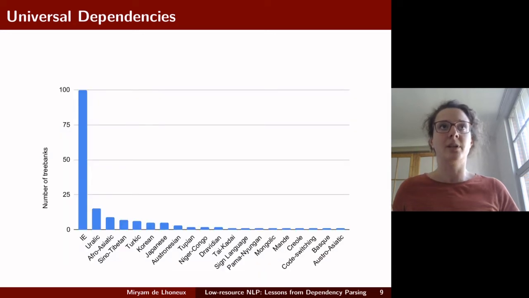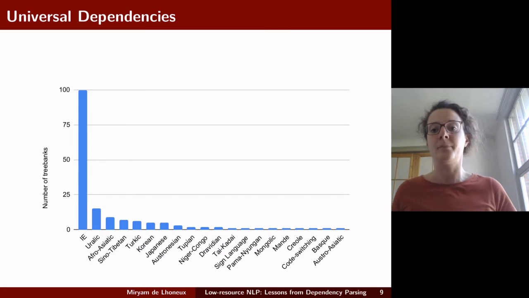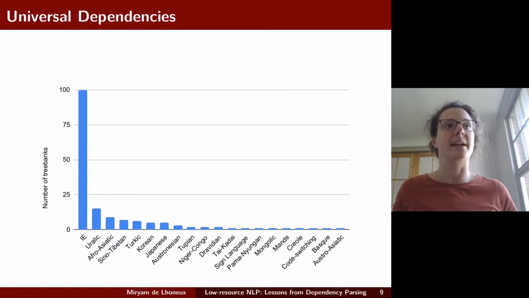Now, I have to admit that even Universal Dependencies, if you take the whole set of treebanks and look at frequencies, is still heavily Indo-European biased, as you can see from this figure displaying the number of treebanks per language family.